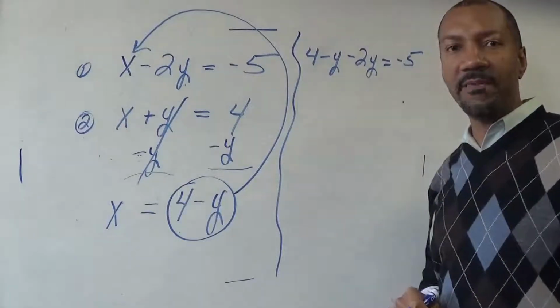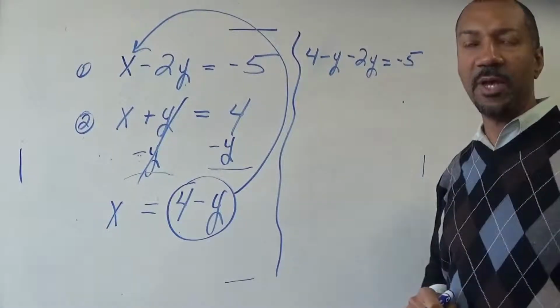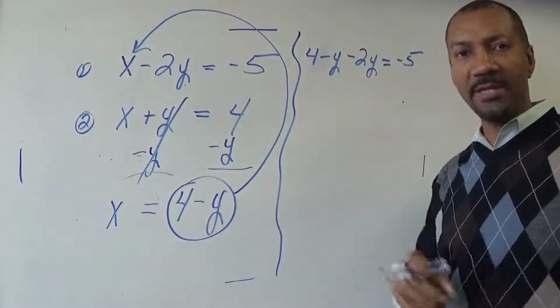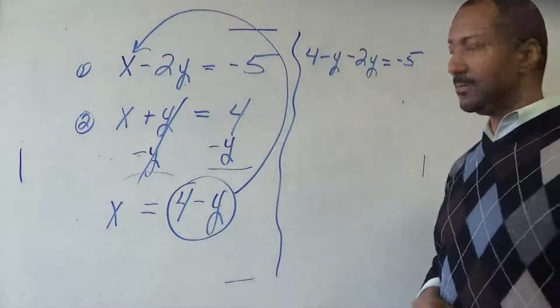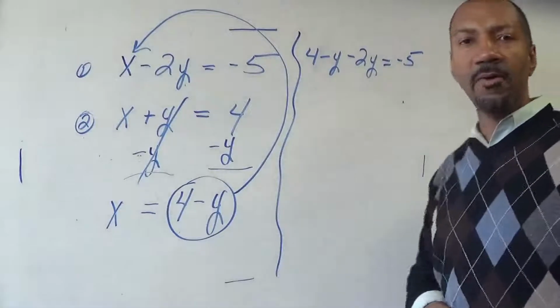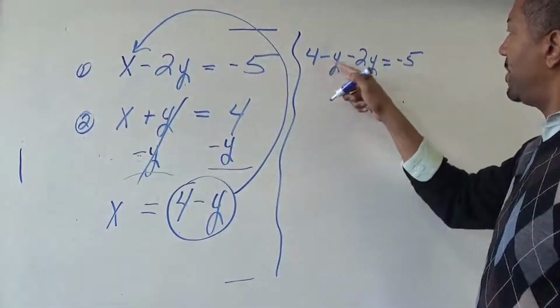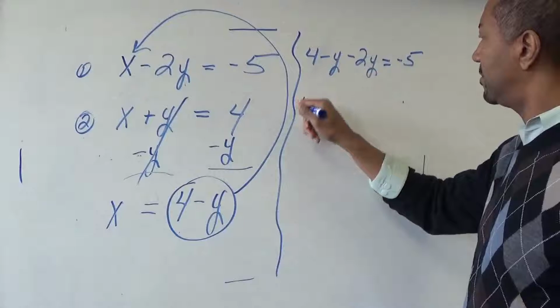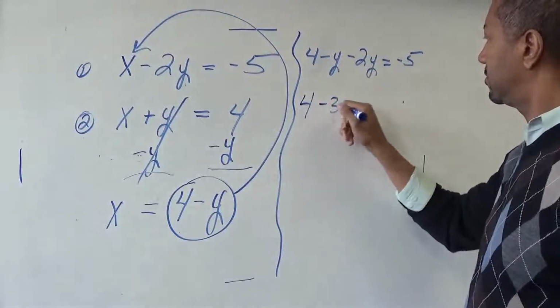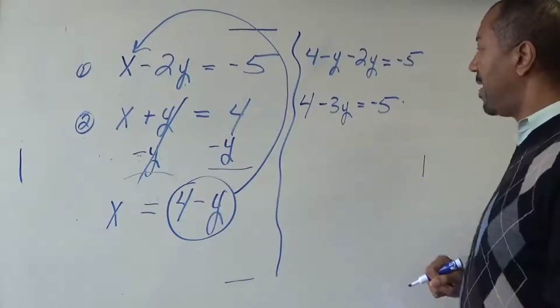Okay, at this point, if you want to stop the video so that you can go ahead and solve for y, go ahead and do that. Okay, let's see what I get. 4 minus y minus 2y equals negative 5.